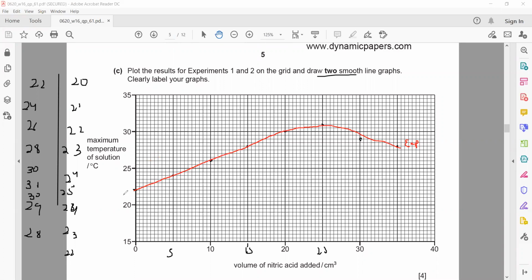The experiment 2 values, the first one is 20. And then 21, then 22, 23, 24, 25. And then 24 again, and then 23, and 22.